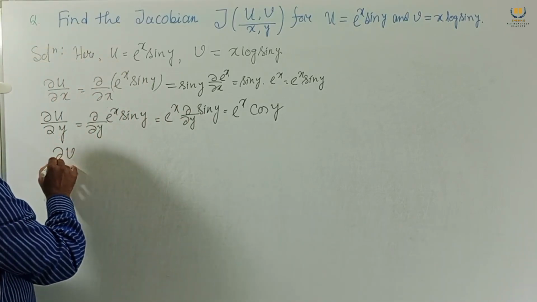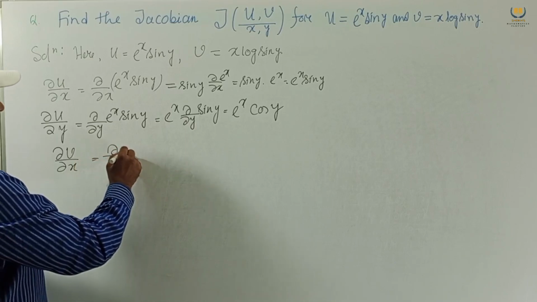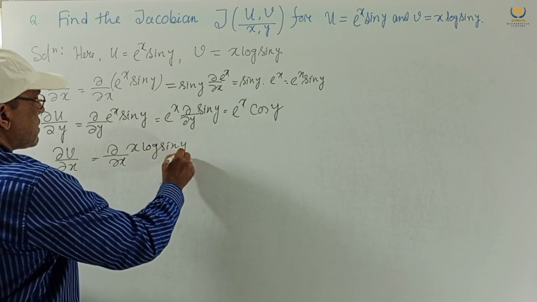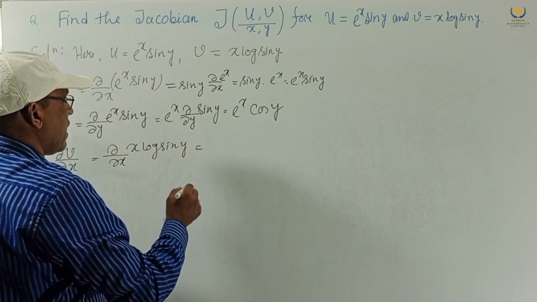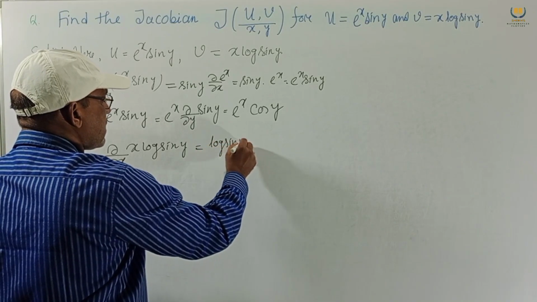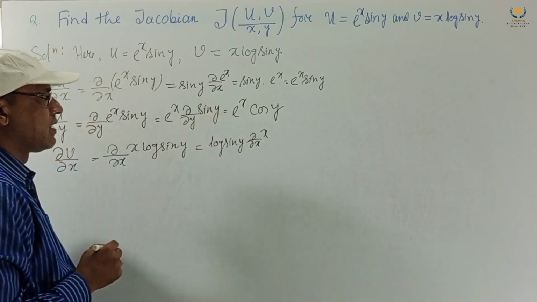Next we consider v. ∂v/∂x, that is ∂/∂x of x log of sin y, and log of sin y is constant, this will be outside because we differentiate partially with respect to x.